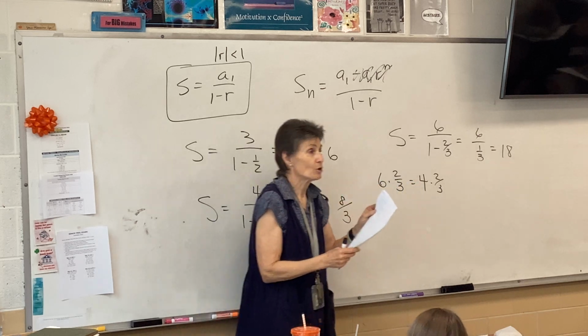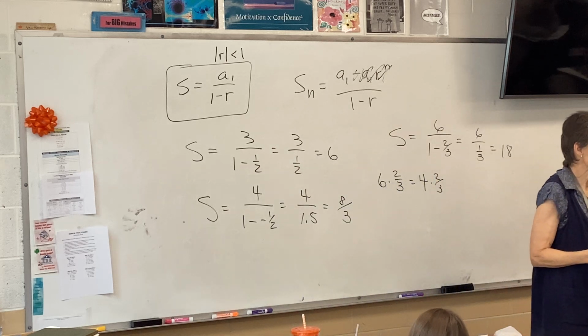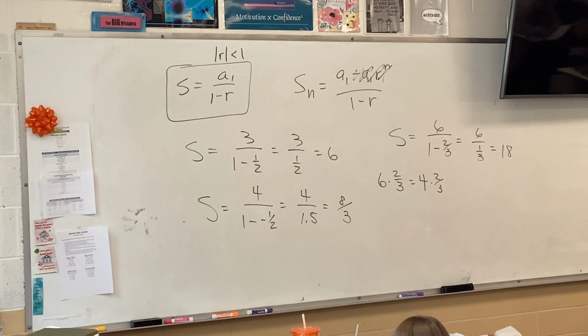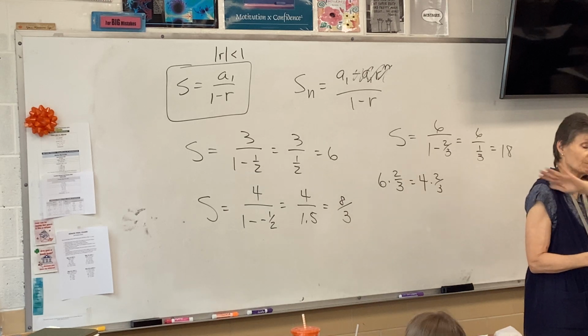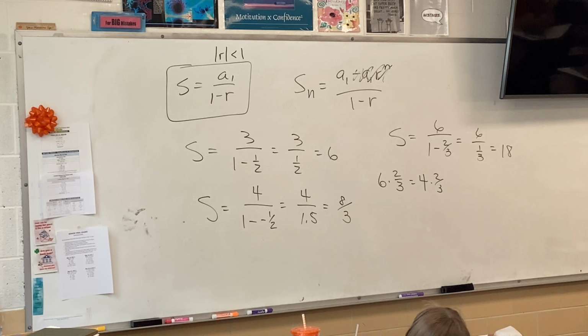So don't let me trick you. You can find the sum of an infinite series that is geometric decay, getting smaller, multiplying by 1/2, multiplying by 1/3, whatever. But as soon as you start multiplying by 2 or 3, you cannot do it. So no sum. For that last one, you write can't do, or no sum, or not summable.